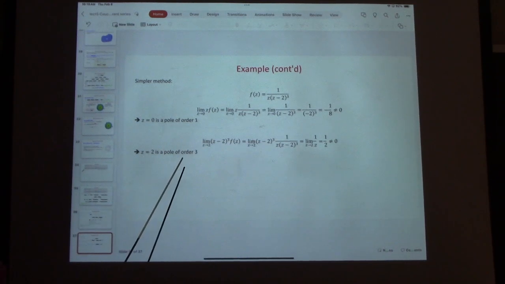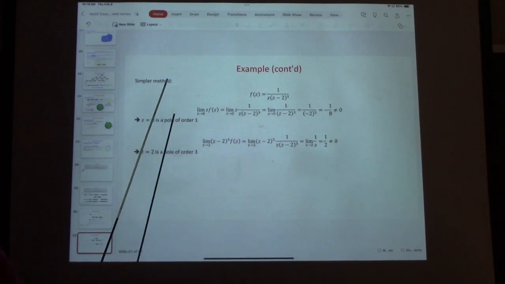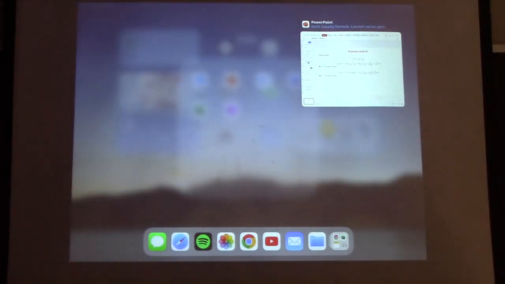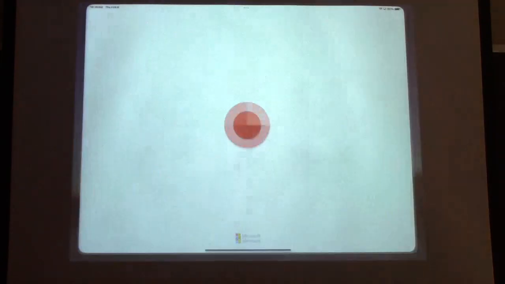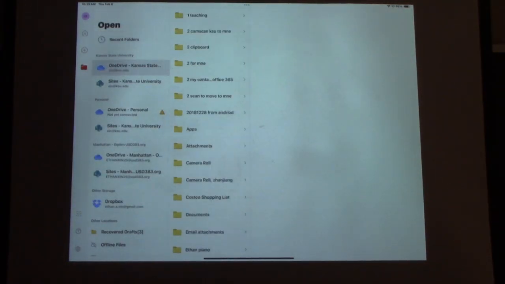This is faster, but you don't have the Laurent series in this one. The previous method, you have the whole thing. And why is the residue so important? Let me show you why.